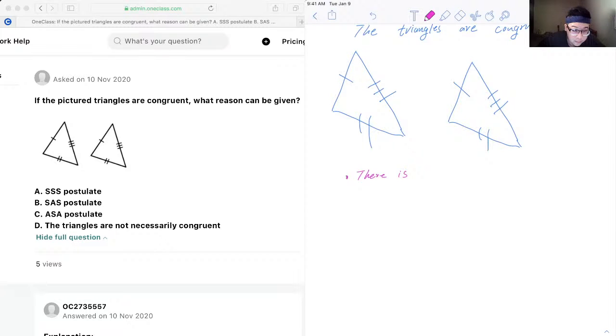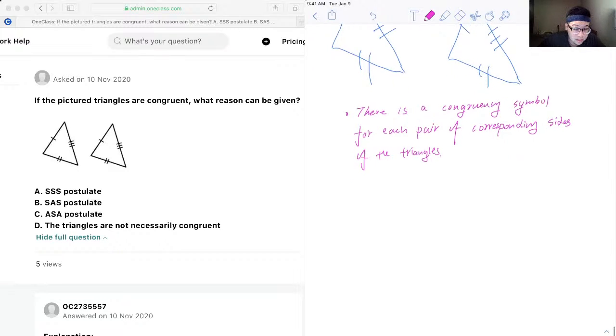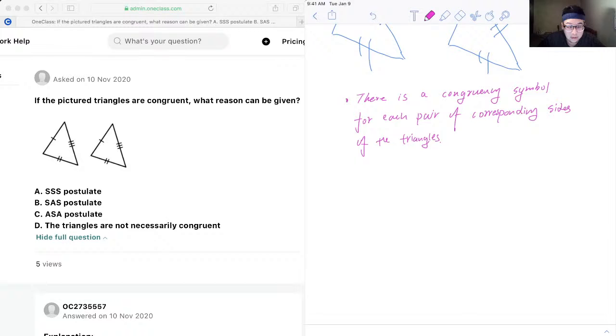There is a symbol for each pair of corresponding sides of the triangles. And the postulate that states that if the three pairs of sides of two triangles are all congruent, then the triangles are congruent, is the SSS postulate.